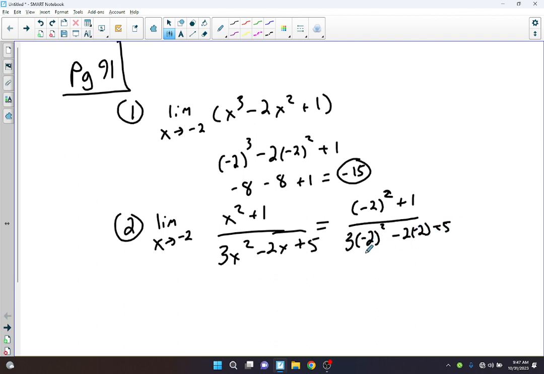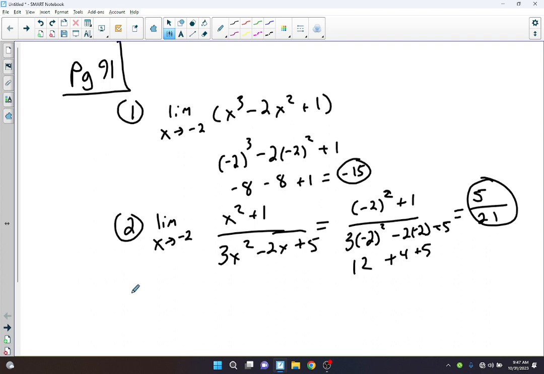Actually, I don't think this one causes a problem. So just remember, you can plug it in. Because they have a crazy thing on the bottom doesn't necessarily mean that you have to factor. So this is 4 plus 1, which is 5, over 12 plus 4 plus 5, so that's 21. 5 over 21.